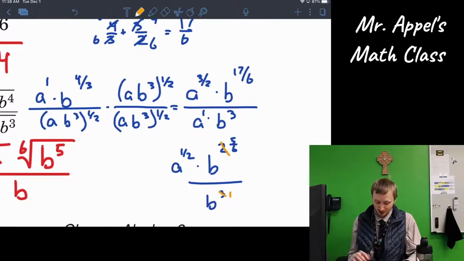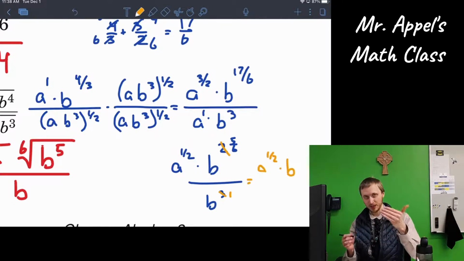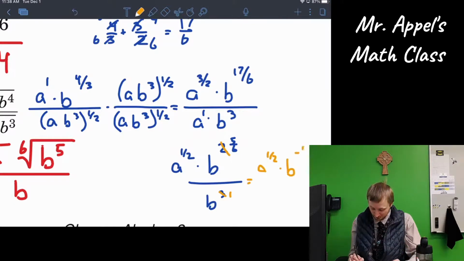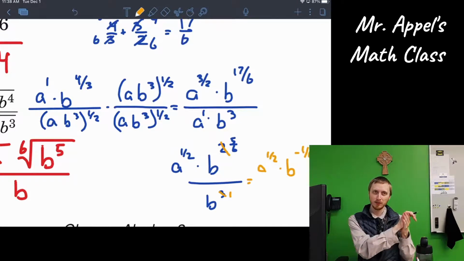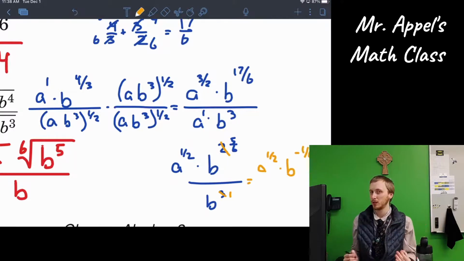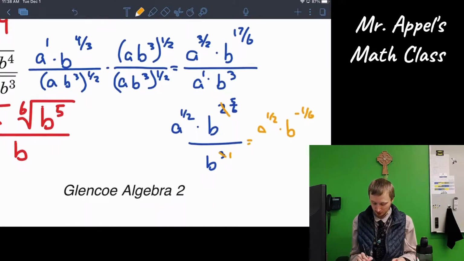Because if this was exponents, we could definitely take this to be a to the 1 half times b to the, well, 5 sixths minus 1 would be negative 1 sixth, right? Well, you've got to have it as radical form. Well, there's not a negative root. Okay, let me write this here.